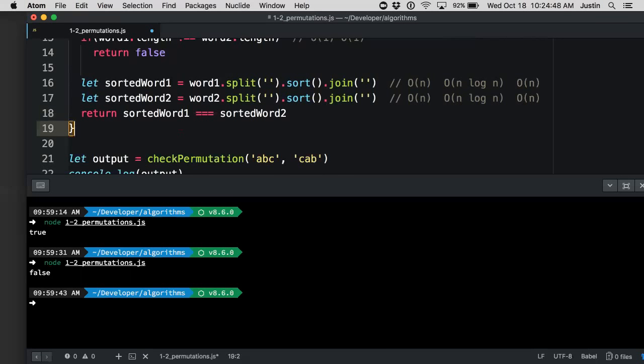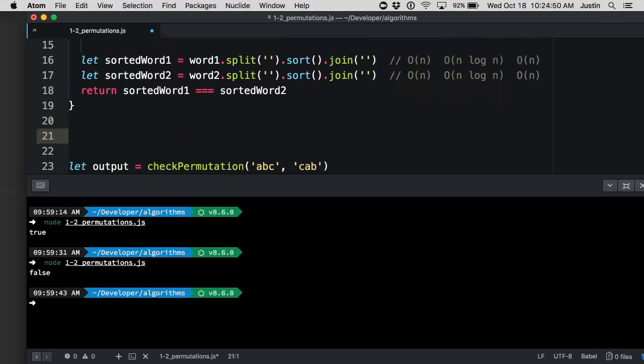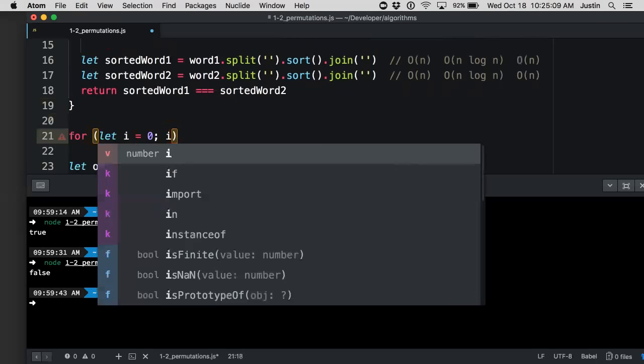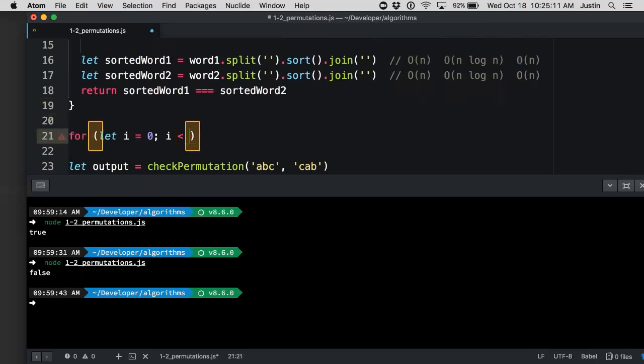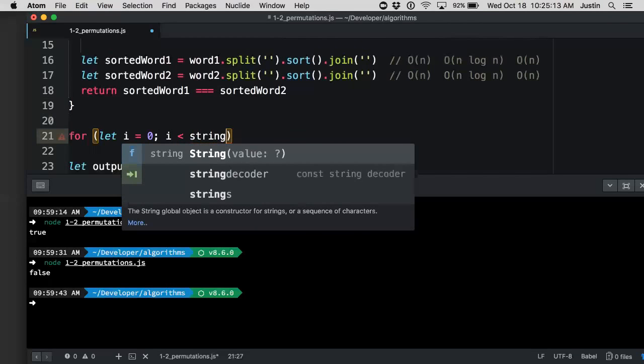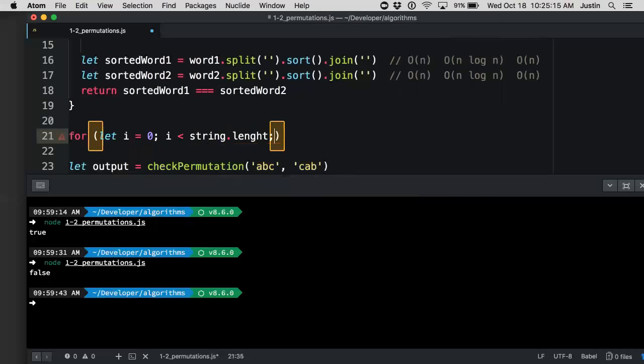Yeah, you can imagine implementing the string equality function, string equal to that string, by like for let i equal 0, and then i is less than the string length, and then i plus plus, right?